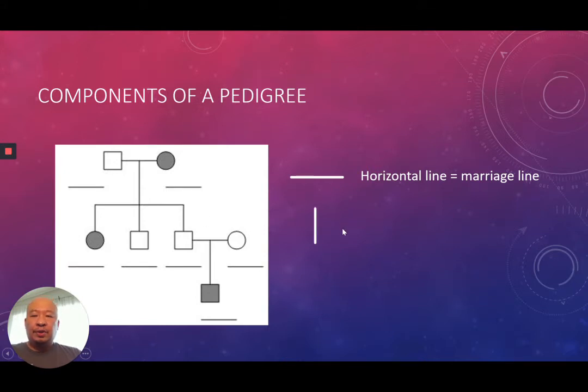The vertical lines represent a child line. You'll see noticeably that there is a vertical line that stems from the marriage line. Now that vertical line does branch off into three separate vertical lines. These three separate vertical lines that my mouse is pointing to, those are all considered to be the child line. So on this pedigree, there are 4 child lines.